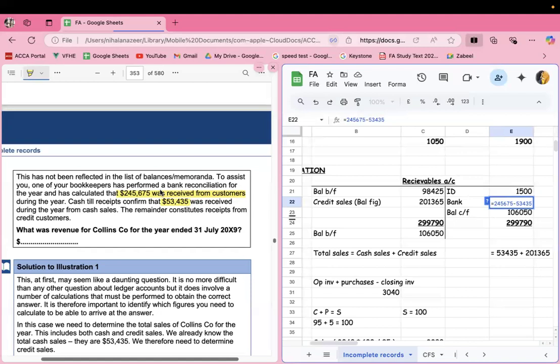But there is also a twist. Out of that, 53,435 was from cash customers. Clear? That means it's a cash receipt. Understood? It's not from receivables. So you're going to deduct that, and whatever amount that you have remaining is your cash receipt from receivables. Understood? Okay, then the usual thing.